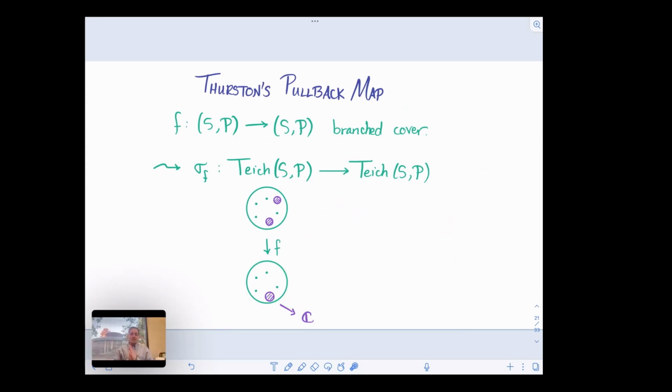When you have a branched cover, you can pull that back and you get charts on the cover. So given a point in Teichmüller space, which is a complex structure down here, you get a complex structure up here. But that's the same surface upstairs as downstairs. So starting with a point in Teichmüller space on S_P, you get a point in Teichmüller space on S_P. That was Thurston's idea for how to prove the characterization of rational maps.